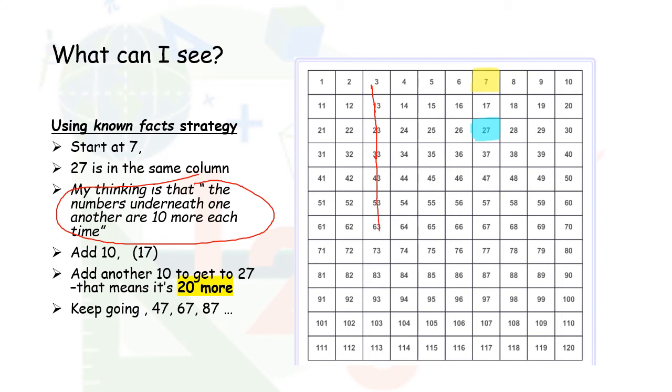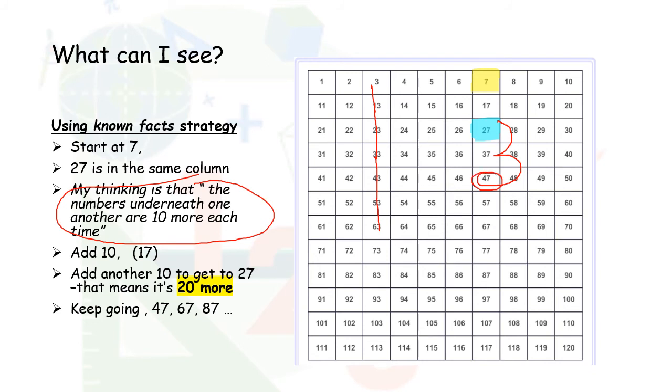So if I start at 7, I know that 10 more is 17. And then 10 more than that is 27. Okay, so that's 20 more. So what's 20 more? Well, 10 more is 37. And 10 more than that, which is 20 more, that's 47.